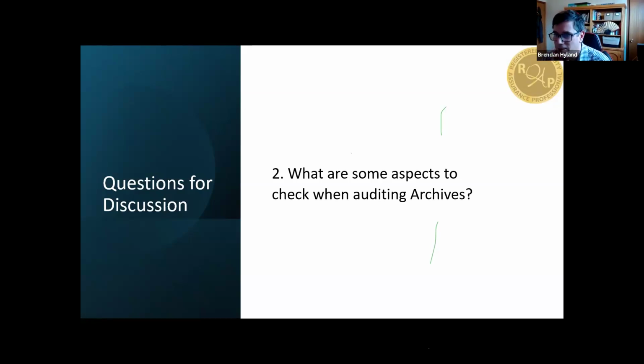Limited access and security? Yeah, absolutely. What would you want to see about the access list? Organization of records, right?